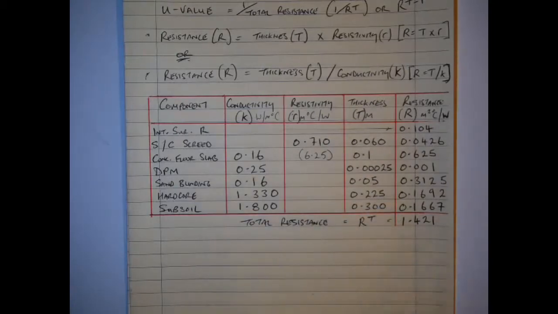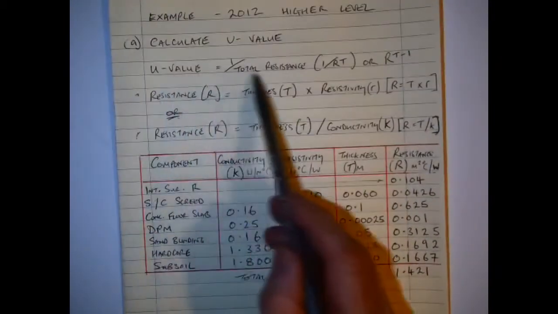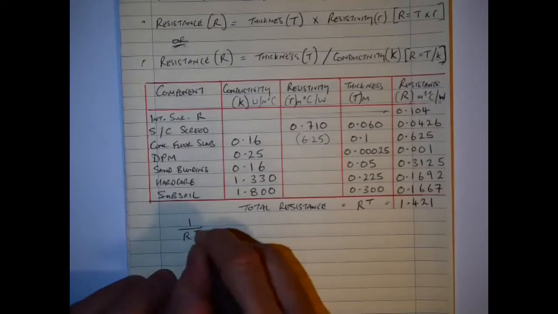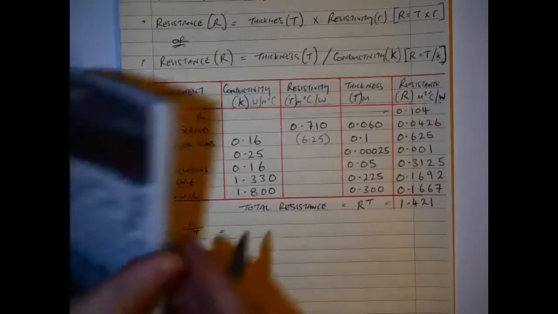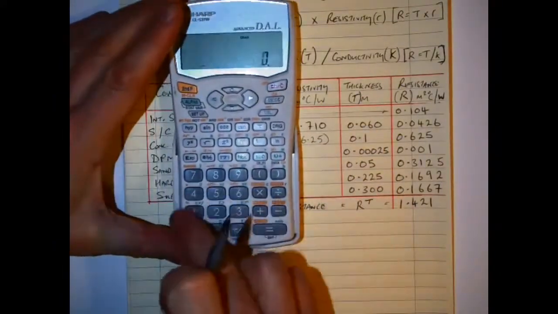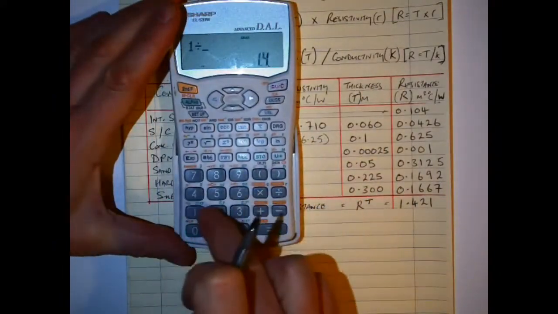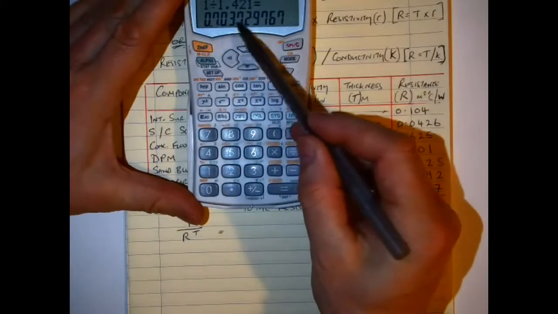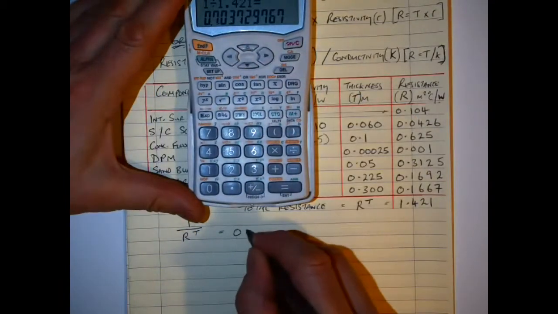We take our total resistance of 1.421, which I highlighted at the start, and I put 1 over that, which basically means I take 1 and divide it by 1.421 and it gives me a U value of 0.7037.